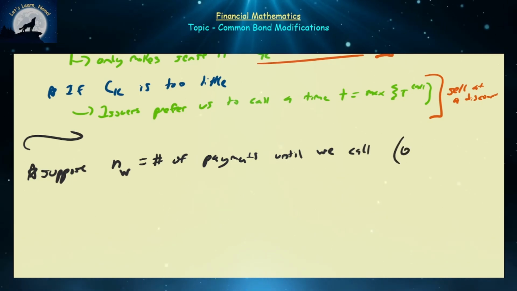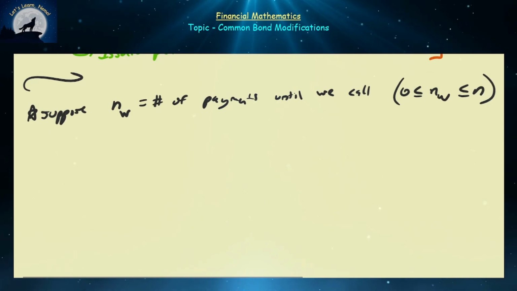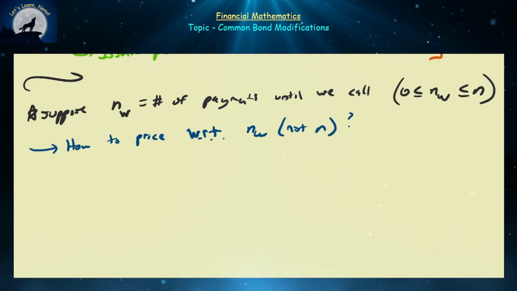Which, keep in mind, 0 is less than or equal to NW, which is less than or equal to n. So when we call, some people will actually price things with respect to NW, not n, right? So how to price with respect to NW, not n.